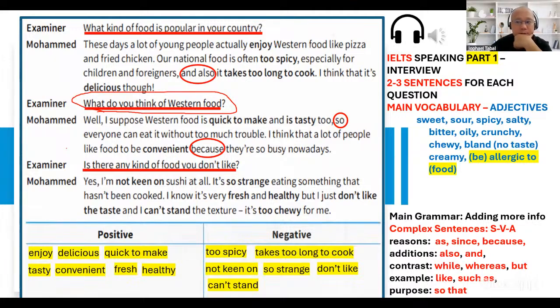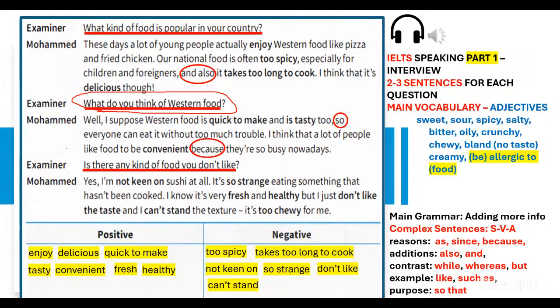What do you think of Western food? I think Western food is tasty and convenient. For example, pizza and fried chicken are easy to eat and quick to order.